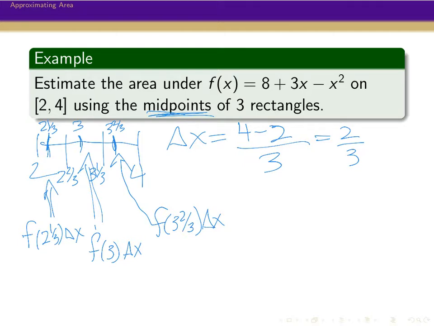So if I plug these into the function, I'm using my calculator while doing this, so it's going to be 8 plus 3 times 2 1/3, which is 7/3, minus 7/3 squared. And so this is giving me 9.556, and then I have to multiply it by delta x, which is 2/3.